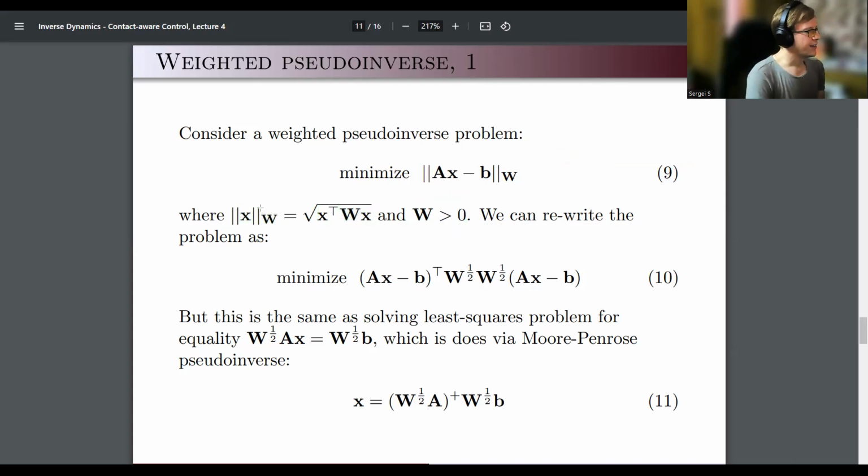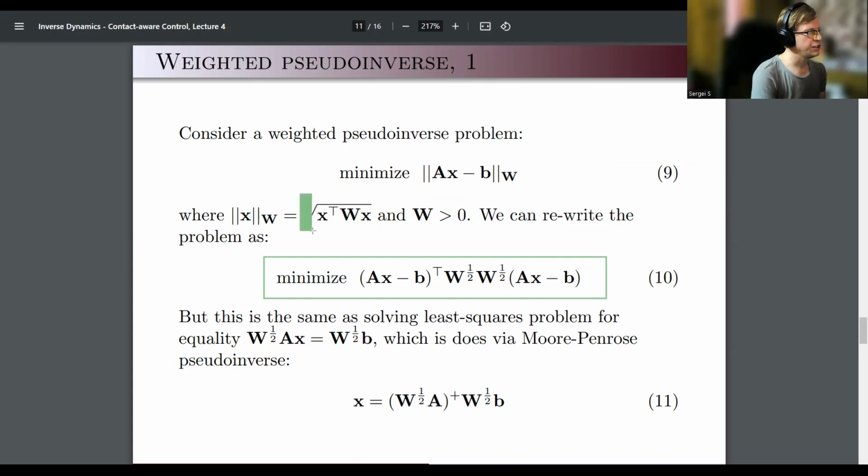Okay, so this is the definition. This problem can be equivalently rewritten in this fashion. How did I get here? First of all, you can get rid of the square root, because the minimum of the square root of a scalar corresponds to the minimum of the scalar itself. If your cost function is a scalar under a square root, the minimum will be achieved in exactly the same place as the minimum of the scalar itself.